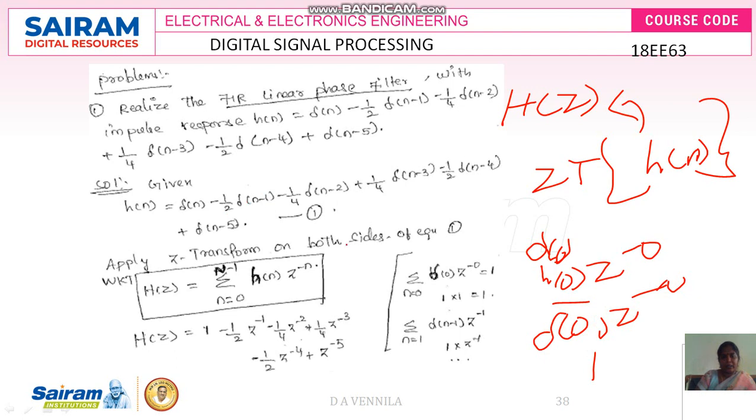Next, substitute del of n minus 1, that is h of 1. The h of 1 value is del of n minus 1. Substituting n equal to 1, this value is also equal to 1, with z power minus 1. So del of n minus 1 value here is minus 1 by 2. Directly I substituted. Del of n minus 2 value is minus 1 by 4. Del of n minus 3 value is 1 by 4. I substituted.